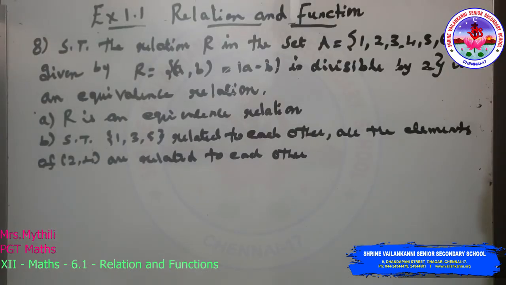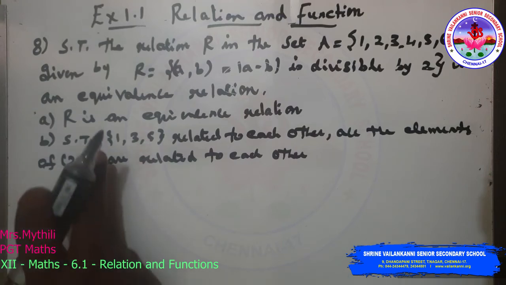Now we have to prove the B part, that is, show that all the elements of {1, 3, 5} are related to each other and all the elements of {2, 4} are related to each other, but no element of {1, 3, 5} is related to any element of {2, 4}. So all the elements of 1, 3, 5 are related to each other.